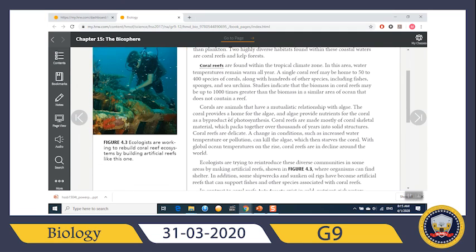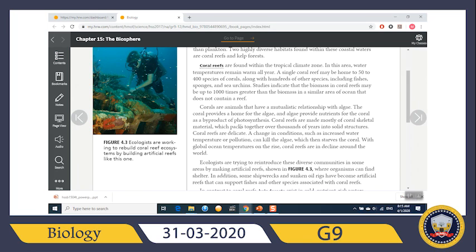Corals are animals that have a mutualistic relationship, if you remember mutualism, with algae. The coral provides a home for the algae, and the algae provide nutrients for the coral, so it's a win-win situation.